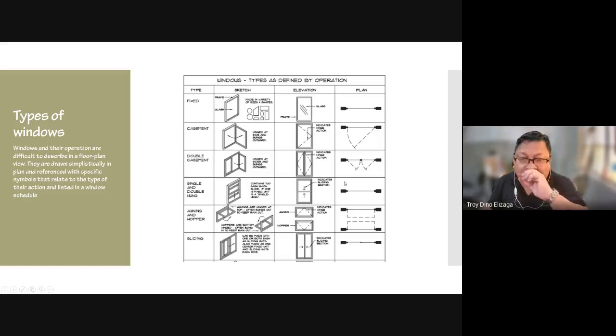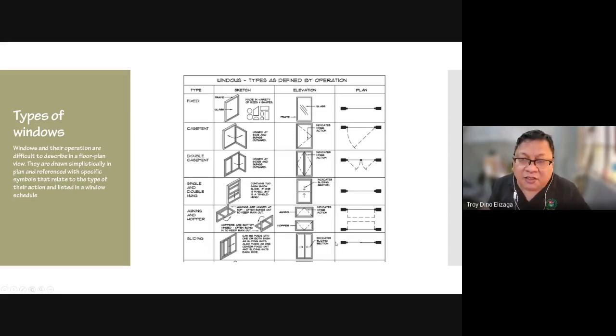And then awning and hopper: awning swings up and hopper swings down. So it looks like this with the position of the panel when it is in the up or down position. And then in the elevation, it shows where the hinge is supposed to be located. So it's an arrow that indicates hinge action.